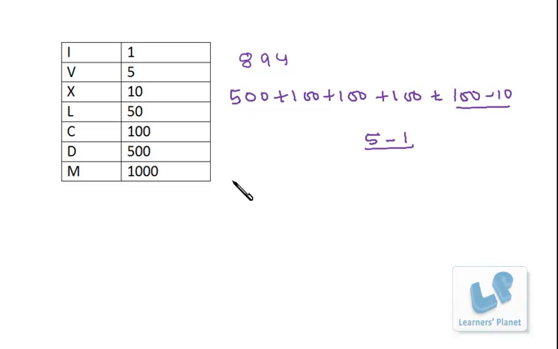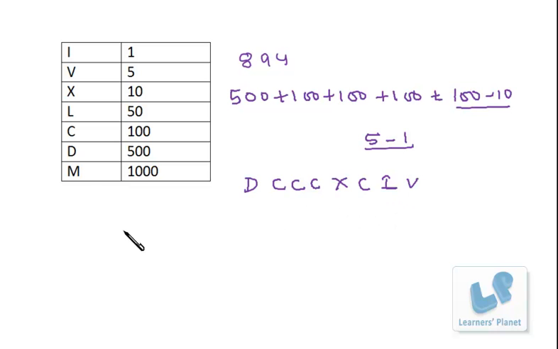Now 500 is what? It's D, then C, C, C. Okay, now 100 minus 10, how do we write that? If I write this X before C, it will represent 90. Okay, so it's X, C. Now how do we write 5 minus 1? It's I before V. Okay, so this is the representation of 894.